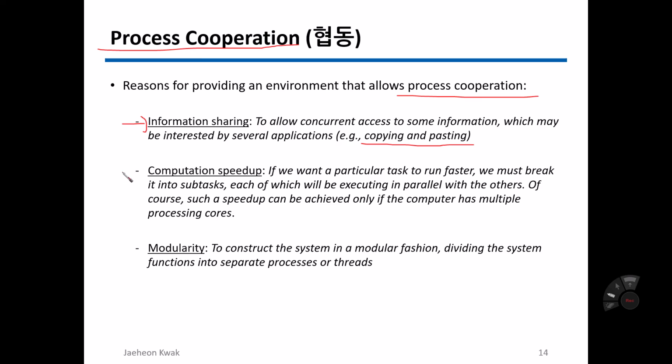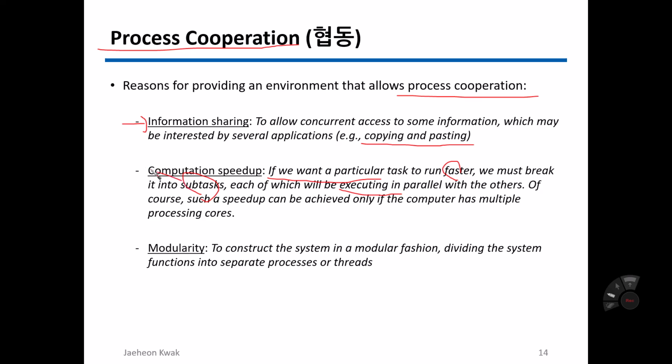And process cooperation can speed up the computation. So if you want to run some particular tasks faster, we have to break them into subtasks and execute them in parallel. Then we can increase their performance.